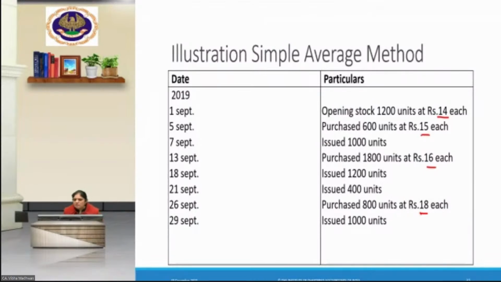I hope you have taken note of the question. We have this opening stock, and then one purchase, one issue, one purchase, then two issues, one purchase, and then an issue, till 29 September. Store ledgers are generally made monthly, so that we get to know the closing stock every month.